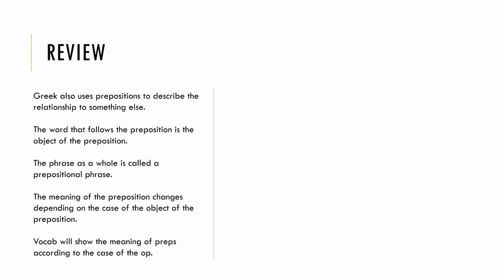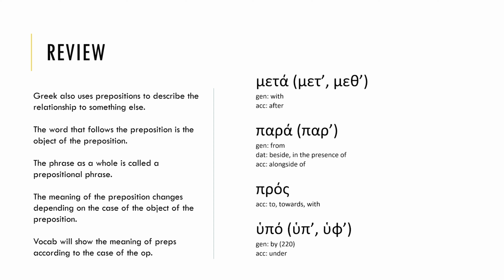So if you have a preposition like meta, and it's attached to a word that's in the genitive, it means with. If meta is attached to a word that's in the accusative, it means after. So your vocab is going to show the meaning of the prepositions according to the cases of the object of the preposition. So all this means is you're going to have to memorize all the options.